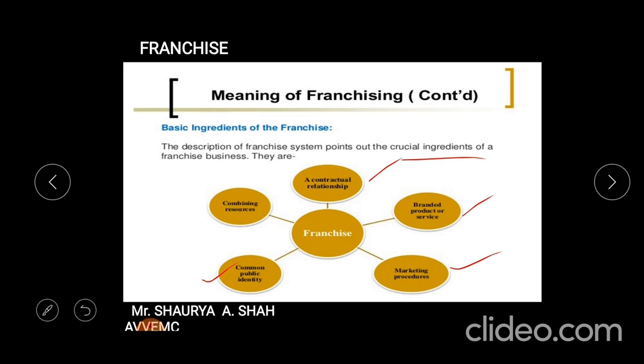Now in franchising, again combining of resources is there, right? You combine your own resources, the franchisor will give his own resources, his technical know-how, his marketing skills, his advertisement, his layout and everything. So when your resources are combined for both the principal and the agent, then the franchise works very well in the market. I suppose you all are clear with the basic ingredients of the franchise.